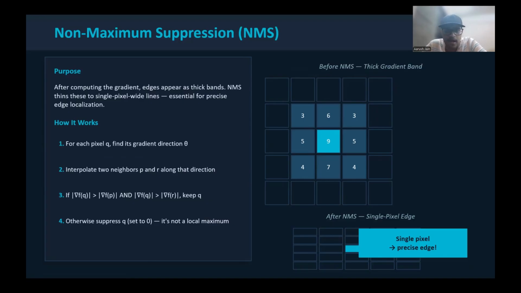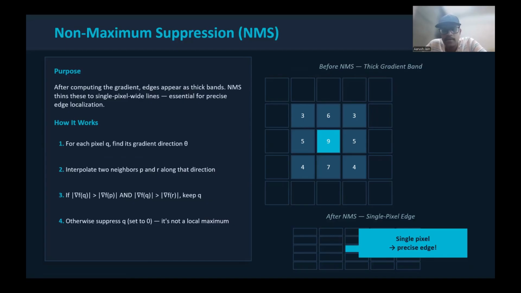This is fixed using NMS, non-maximum suppression. For each pixel, it checks whether the pixel is the strongest gradient in its local neighborhood along the gradient direction. To check this, we look at the two neighbors in the direction of the gradient, let us call them P and R. If the current pixel is stronger than both P and R, we keep it. Otherwise, we suppress it, meaning we set it to zero.